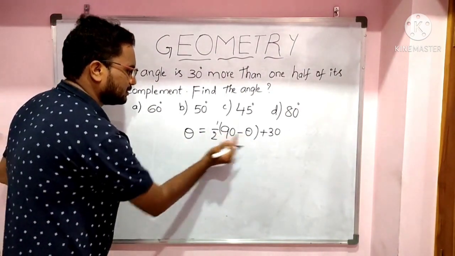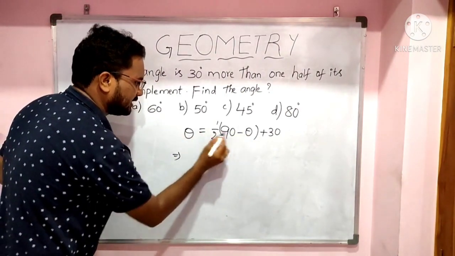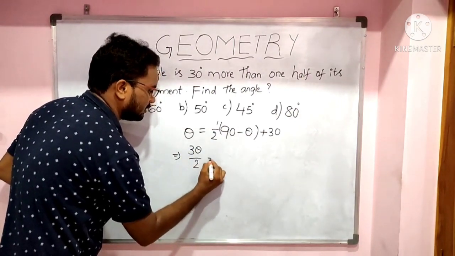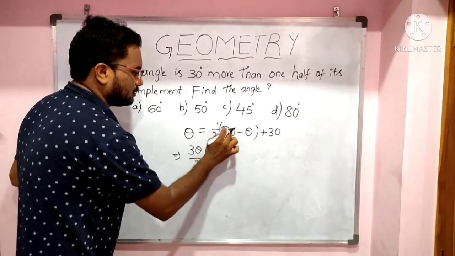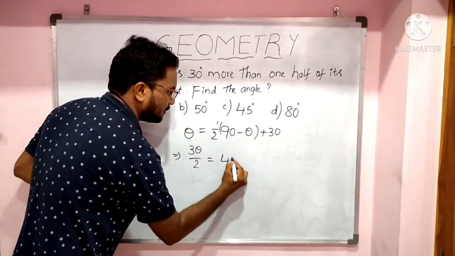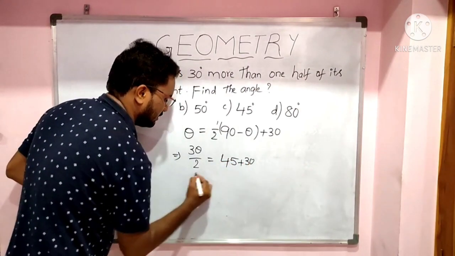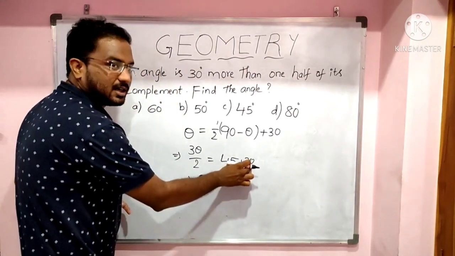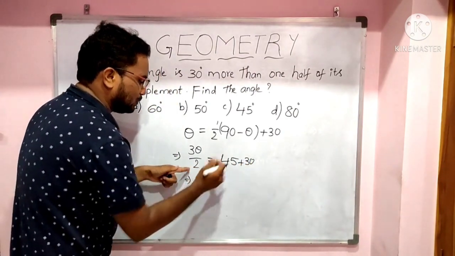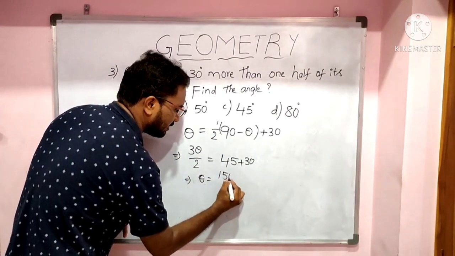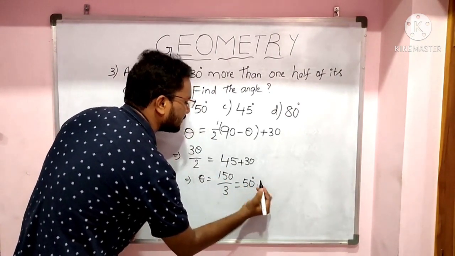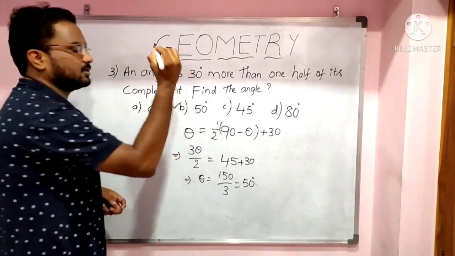So theta plus half theta, 3 theta by 2, is equal to 45 plus 30. So 3 theta by 2 equals 75. 75 into 2, 150 by 3. So answer 50 degrees.